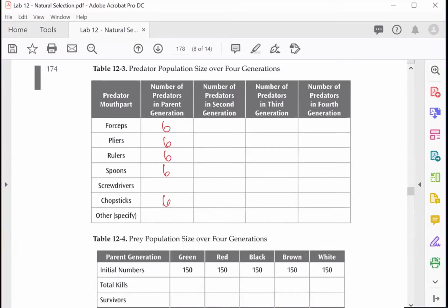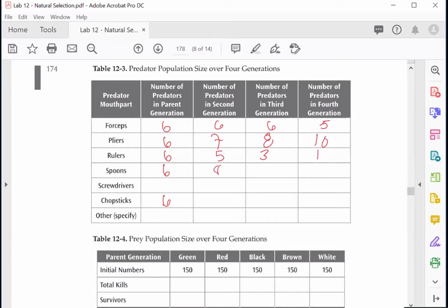The initial numbers were, I'll just work it across, 6, 6, and 5. And then for the pliers, they actually did well. So 6, 7, 8, and they got up to 10. For the rulers, they didn't do as well. 5, 3, and they dropped back down to 1. The spoons, they did great this particular semester.